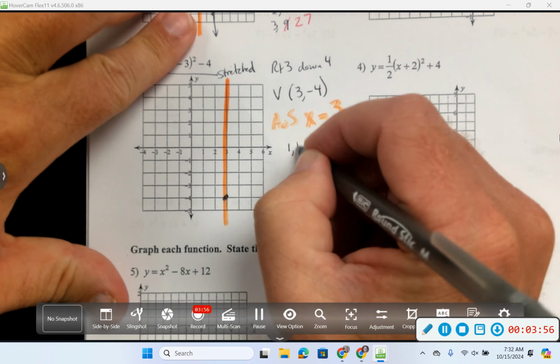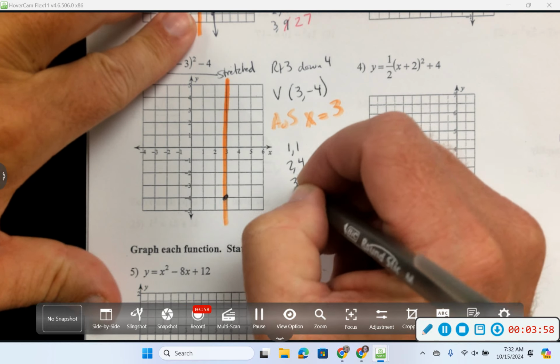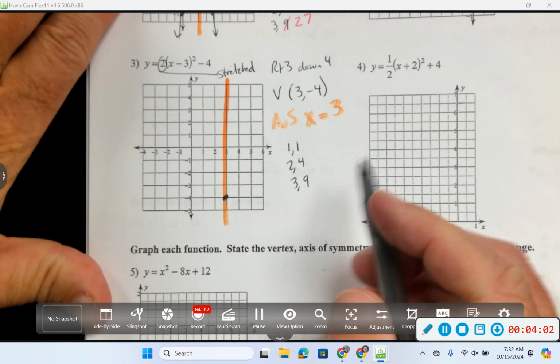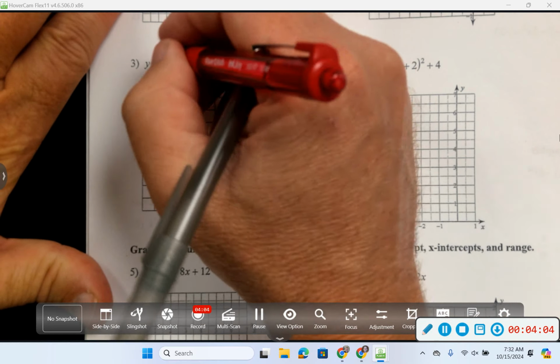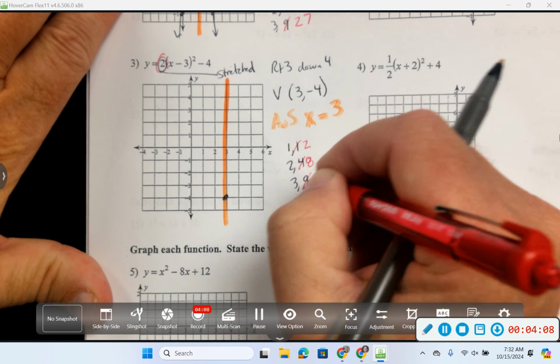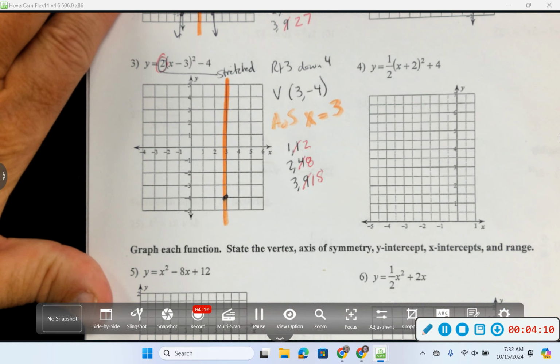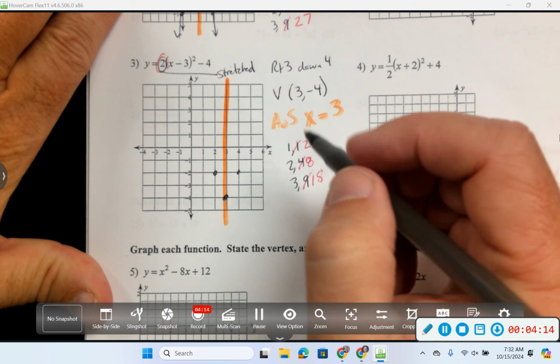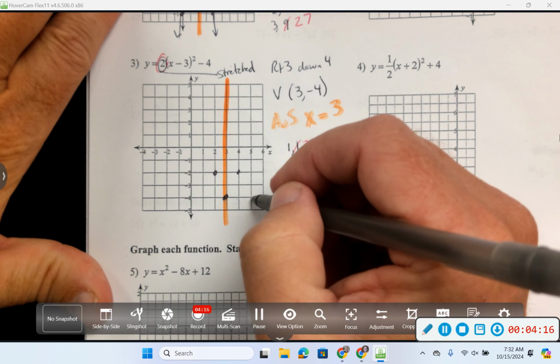And normally 1, 1, 2, 4, 3, 9, because this is x squared, 1 squared, 2 squared, 3 squared. But we're stretching by 2. So let's multiply all of those by 2. Over 1, up 2. Over 2, up 8.